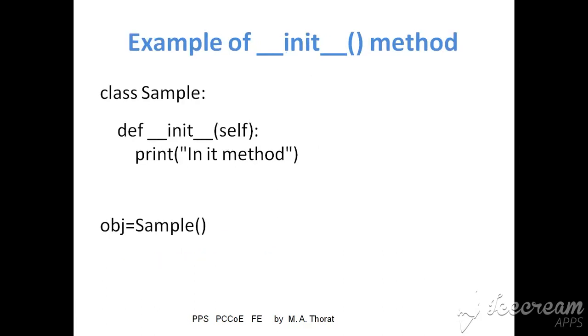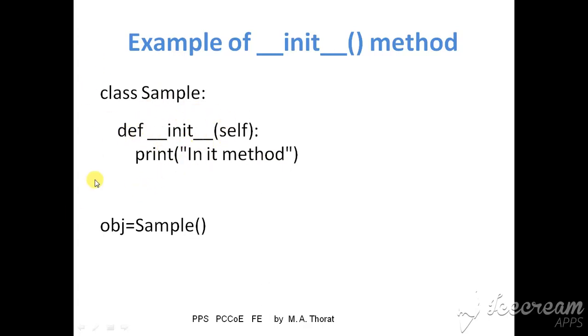Then, one example of the init method. Here one class is defined, class sample. Then the definition of class sample starts over here. Next is the definition of the init method. In the same way we define an init method also: use the def keyword, space, the name of the function, two underscores init, again two underscores, and then self. In this method a simple print statement is written, that is, init method is called. This is nothing but the definition of init.